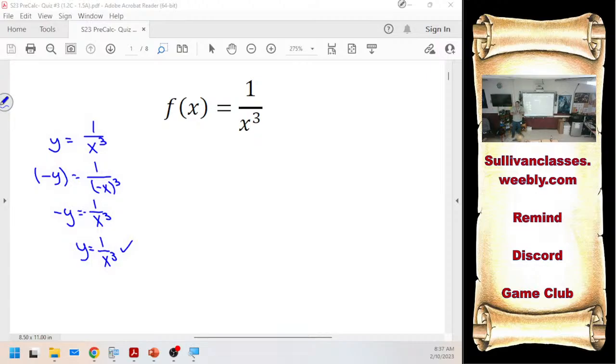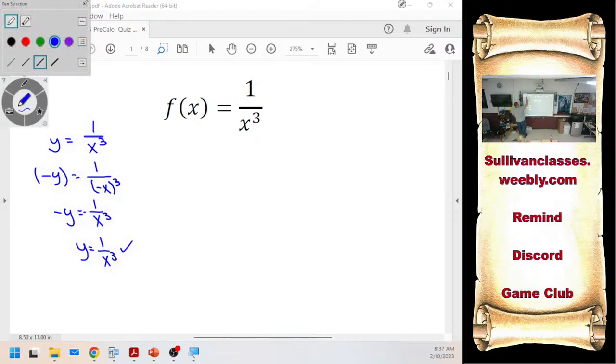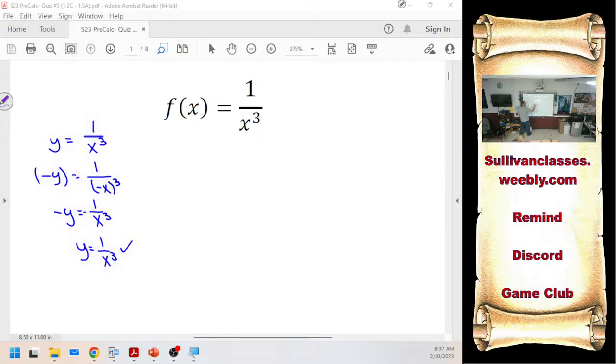Very, very similar, but I'm in function notation, right? To show that it's odd, I would negate the entire thing, which is negating the y value because it's the output, and I would negate the x, which gets me a negative f of x.